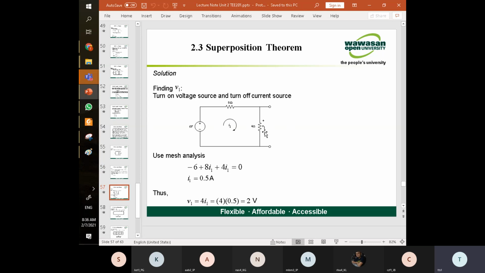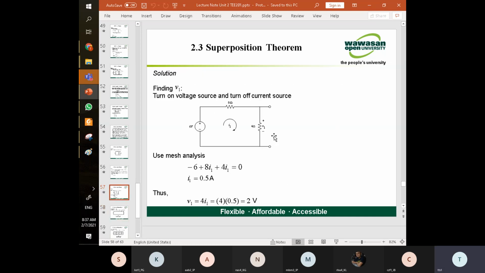Then we use KVL to find all the voltages in a loop, -6 plus this one, and then slowly we work out V1.